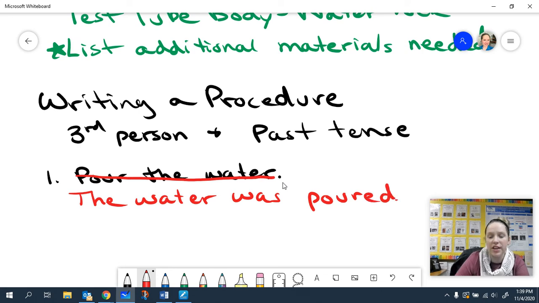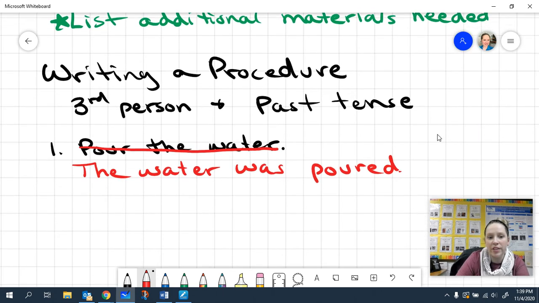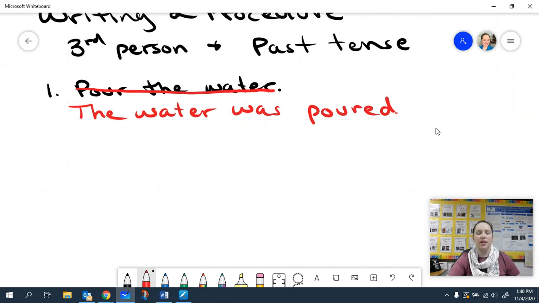So for each thing that you do, we're going to break it down into this past tense. It's also called the passive tense for my English friends here. And third person, meaning that no one is mentioned. If it was first person, it would say, I poured the water. We're not doing that. We're not saying you pour the water, we're just saying it was poured.